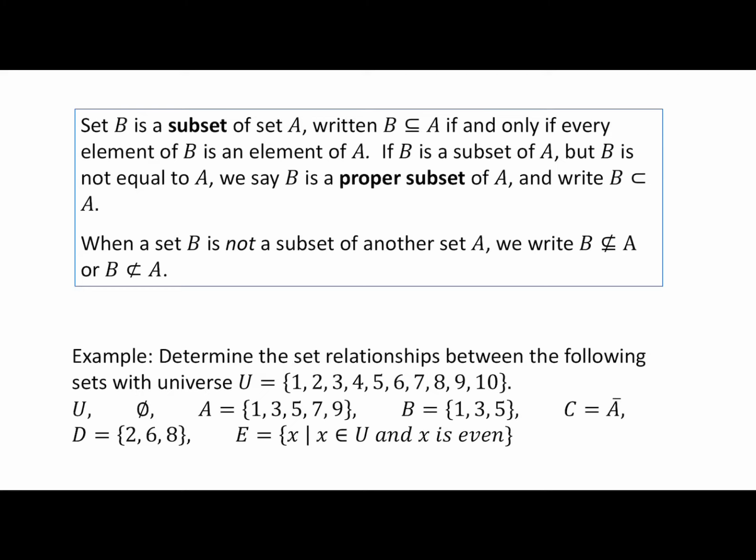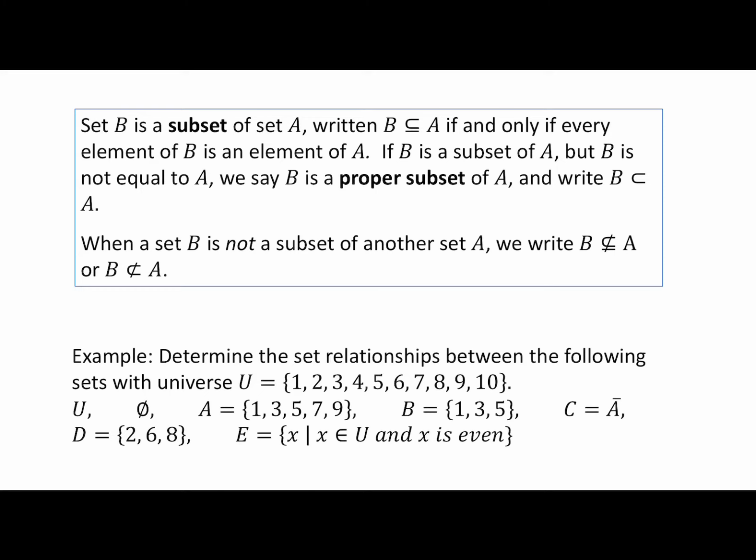So that line underneath is telling you it's a subset of A, or it could be equal to A. But if you're equal, you're also a subset. When a set B is not a subset of another set, we just draw a slash through our subset symbol.